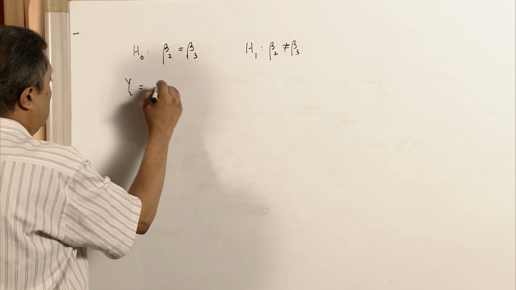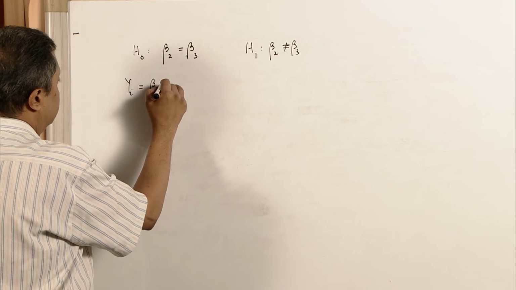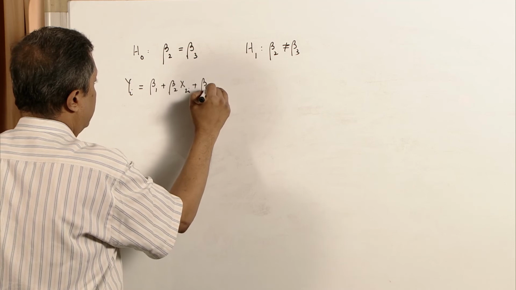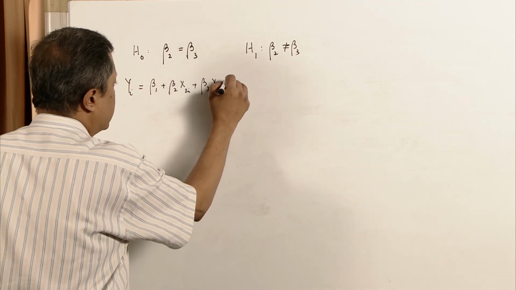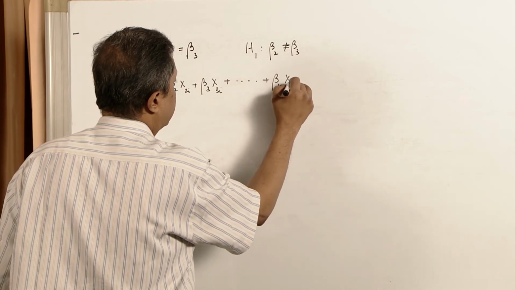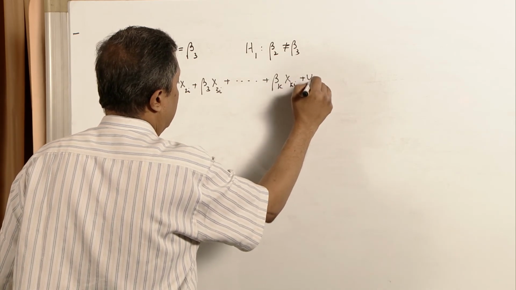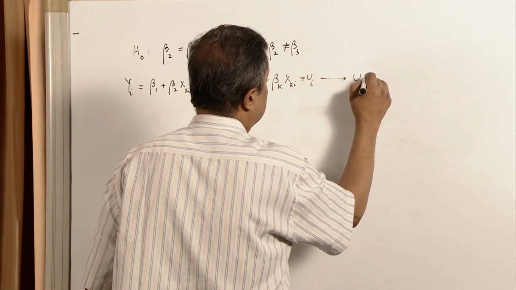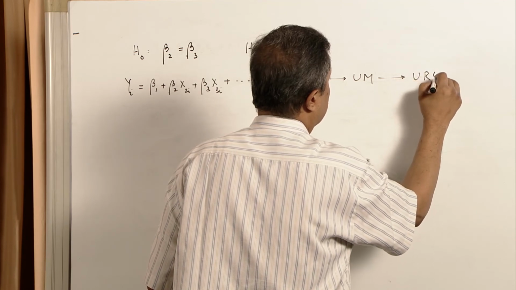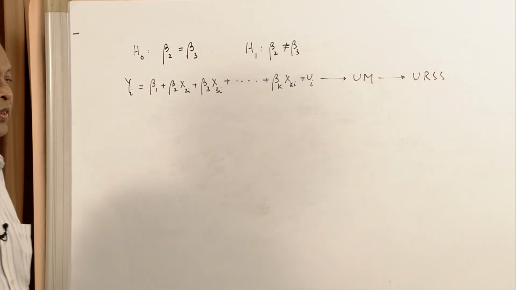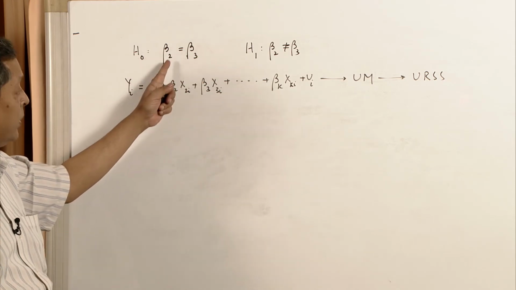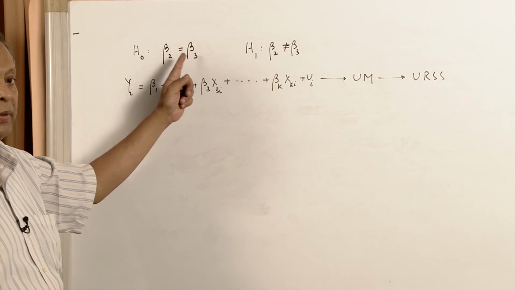Yi is equal to beta 1 plus beta 2 x 2i plus beta 3 x 3i, and let us consider the general model, up to beta k xki plus ui. That is the unrestricted model, and that gives us the unrestricted residual sum of squares. And what is the restriction here? We simply have one restriction here, beta 2 is equal to beta 3. It is not beta 2 equal to beta 3 equal to 0, it is beta 2 equal to beta 3.